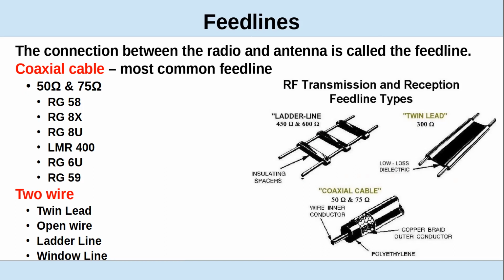It was invented to reduce interference from other signals because it maintains the electrostatic field within the cable between the center conductor and the shield. There's a number of variations. Amateur radio is almost all 50 ohm. TV would be 75 ohm.